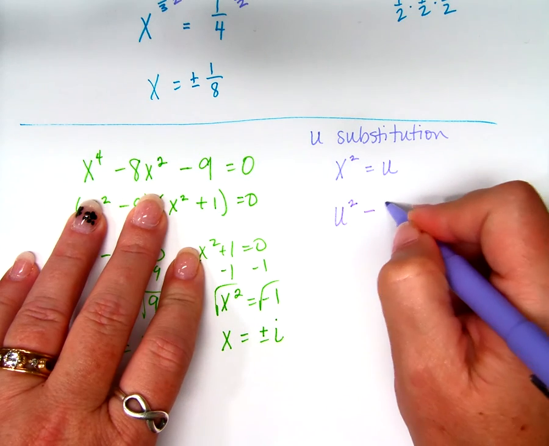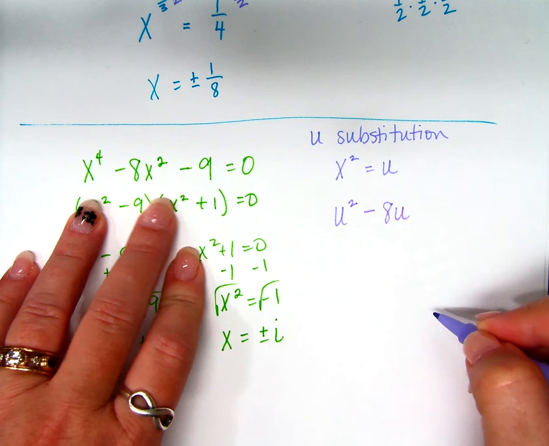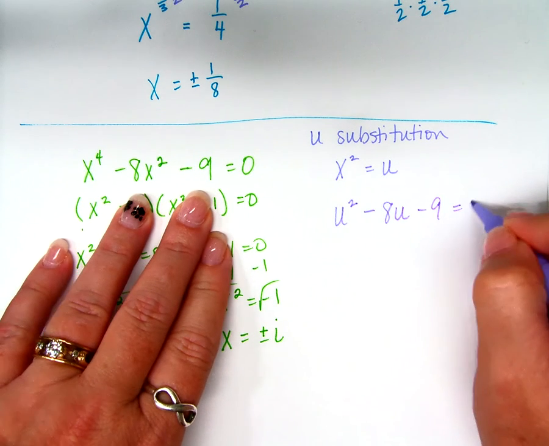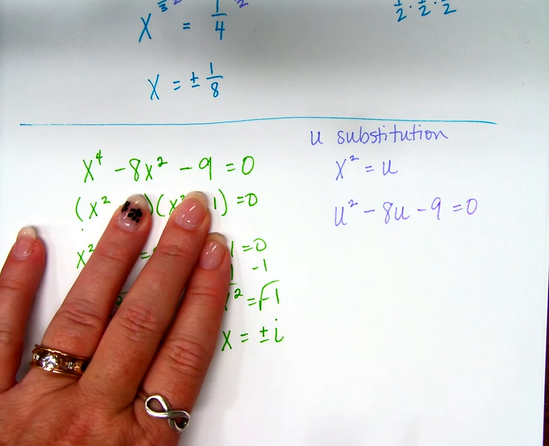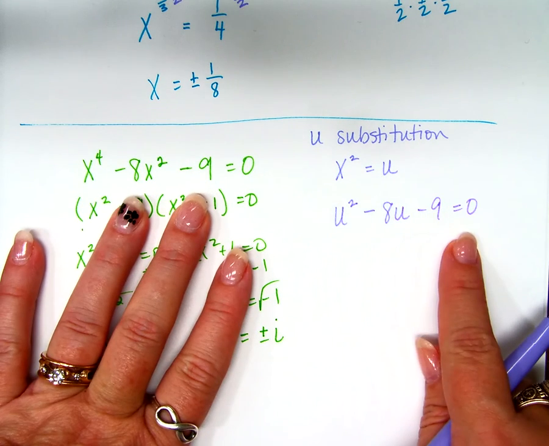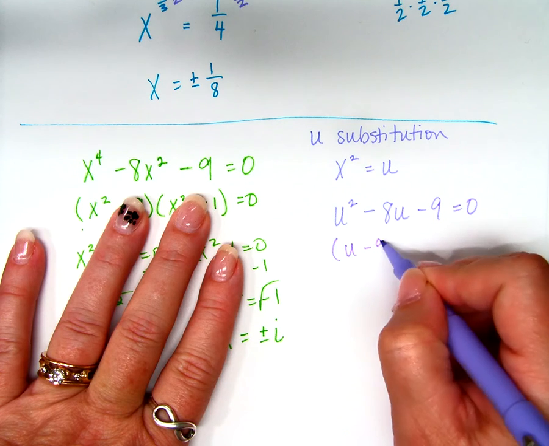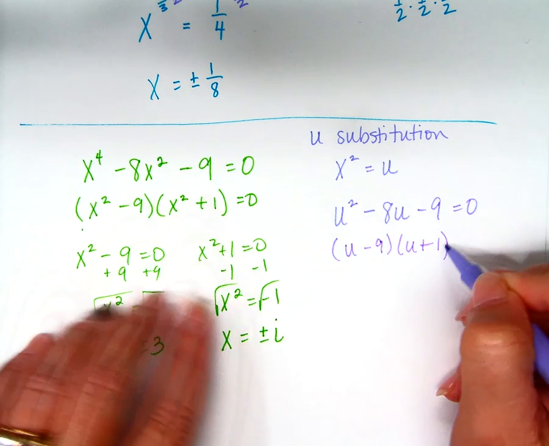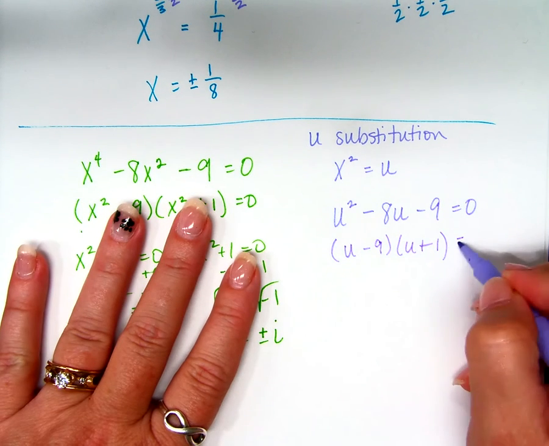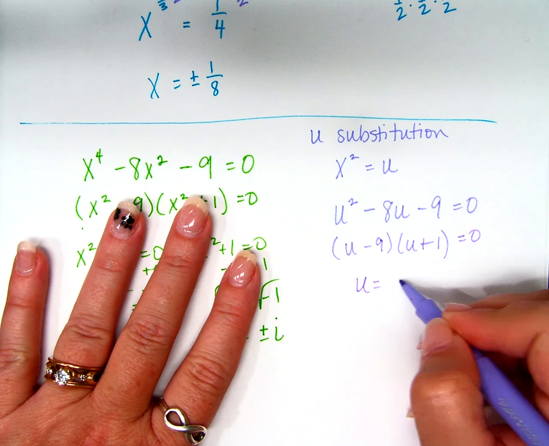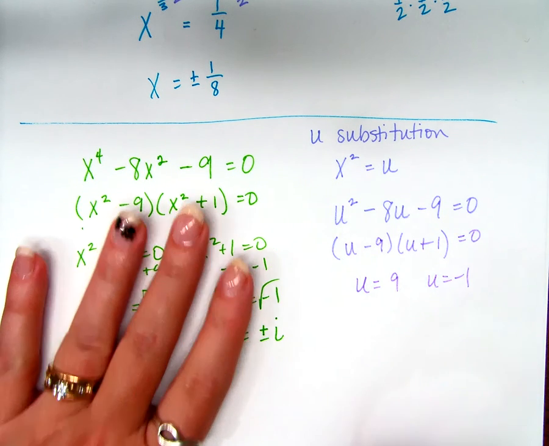And then this term would be minus 8u. And then minus 9 equals 0. Well, that's a quadratic, isn't it? And I could solve that by saying u minus 9 and u plus 1, just like I kind of did right here, equals 0. So u equals 9 and u equals negative 1.